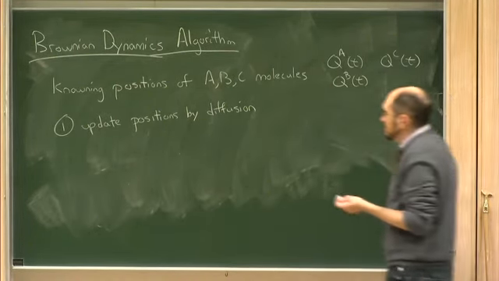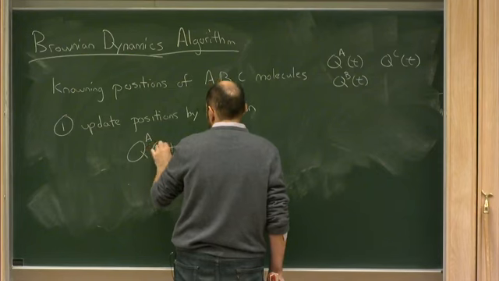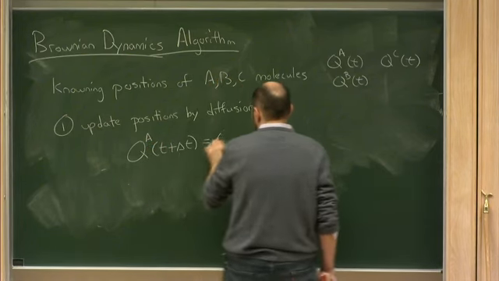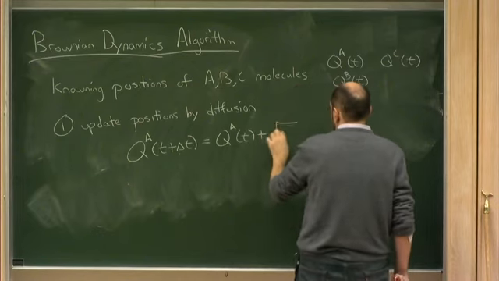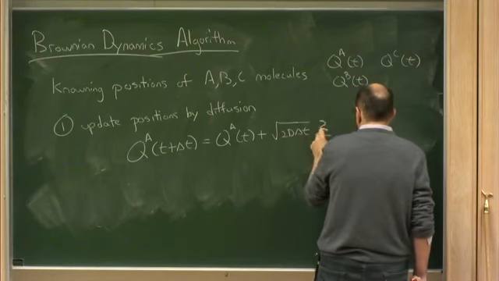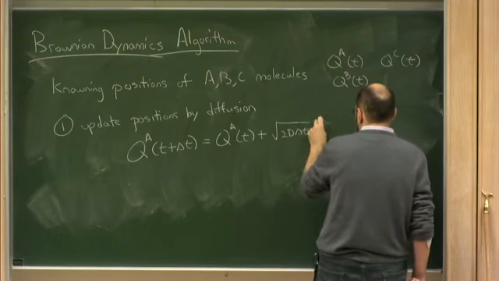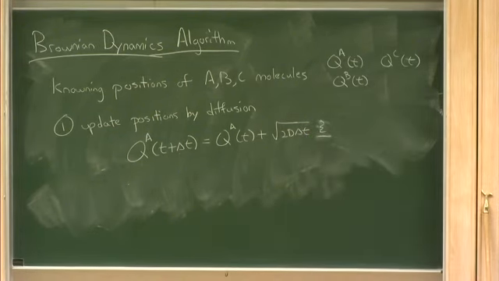So then you update them very simply. You would just say QA at T plus delta T is QA at T plus radical 2D delta T times a vector of normal random variables with mean 0 and variance 1.